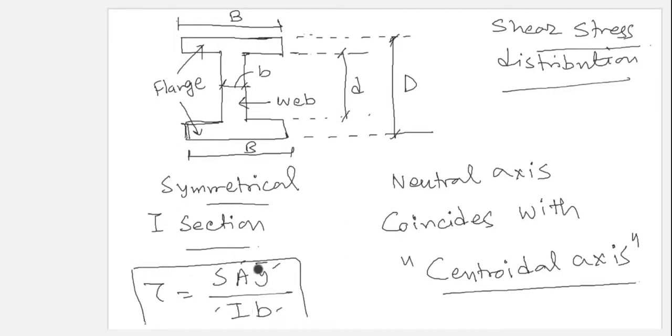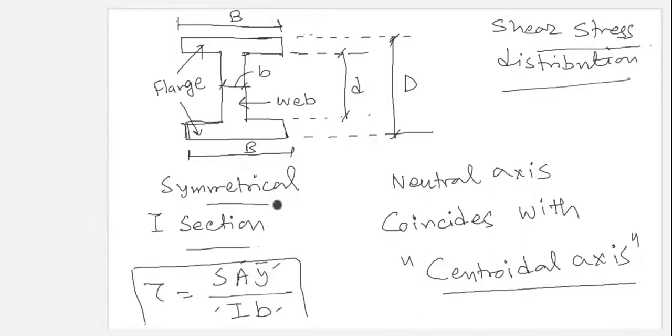What is this? All these components are dimensional properties, means they can be calculated if we know the dimensions of the beam section. Area we can calculate if we know the dimensions.